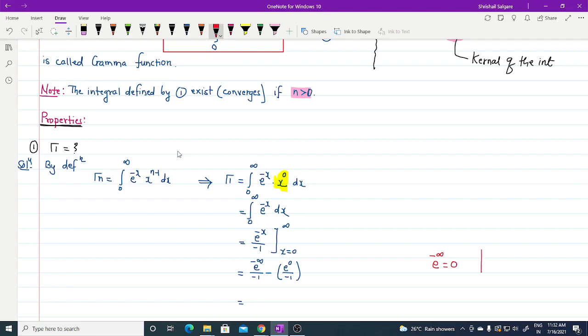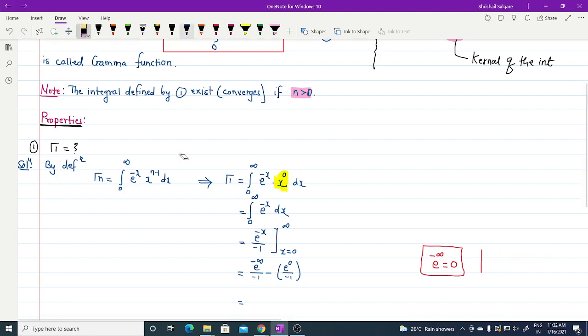See why: e to the power minus infinity is nothing but 1 upon e to the power infinity, and infinity is a very big number, so e to the power infinity is also a very big number, and the ratio tends to 0, or it can be approximated as 0. So henceforth, as a standard result, remember e to the power minus infinity as 0.